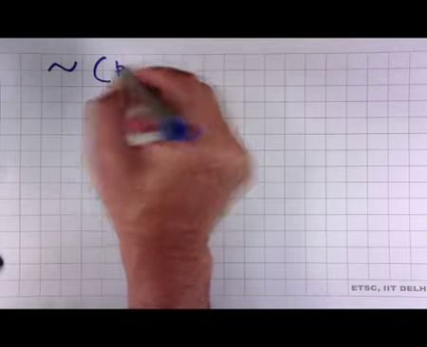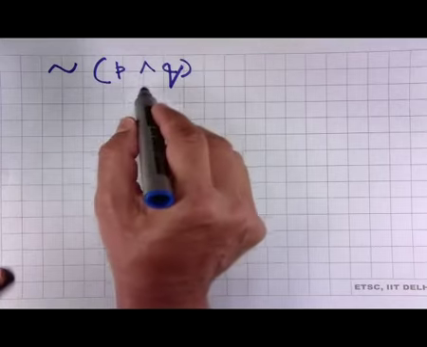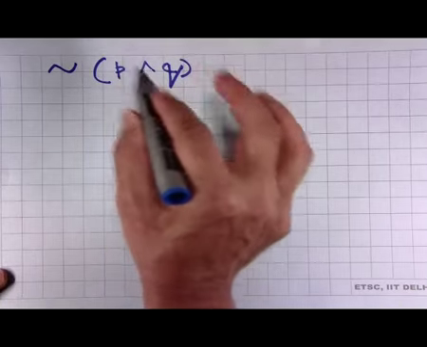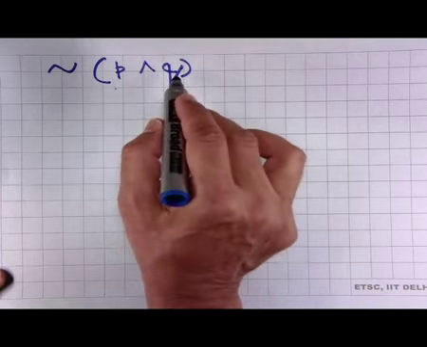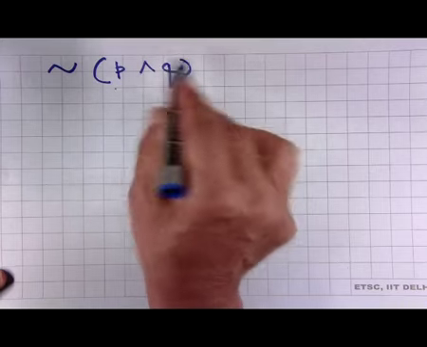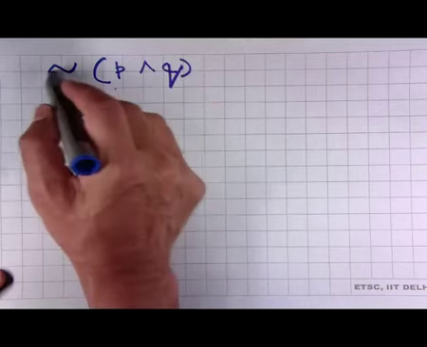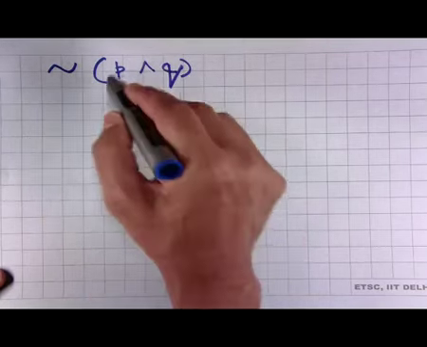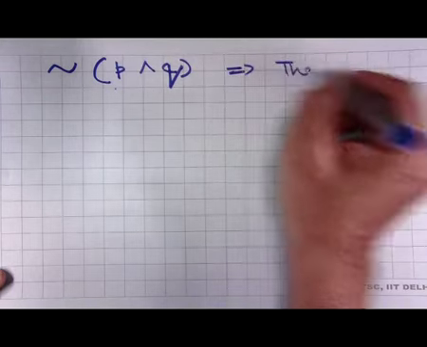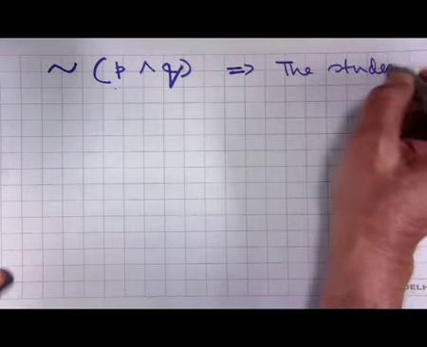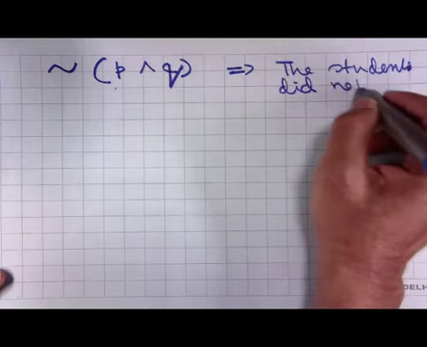Negation of P and Q we compute like this. P and Q is the set of students who got 95% in both maths and computer science. Therefore, these are the students who got a prize. Negation of P and Q is the students who did not get a prize.